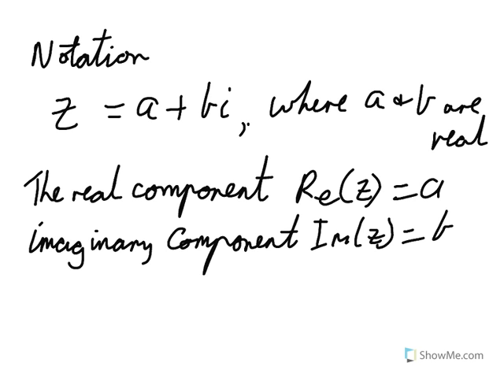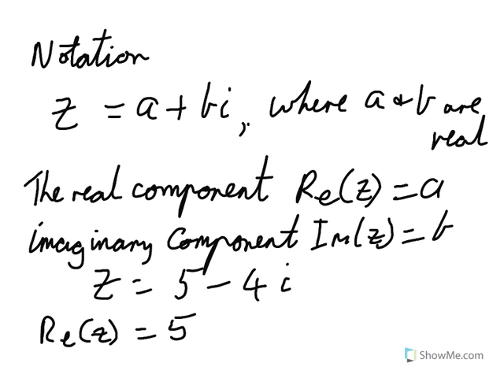We don't need the i part. If we're just looking at the imaginary component, we're just looking at the size of it. For example, if we have z equals 5 minus 4i, then the real part of z there would be 5, and the imaginary part of z is negative 4.